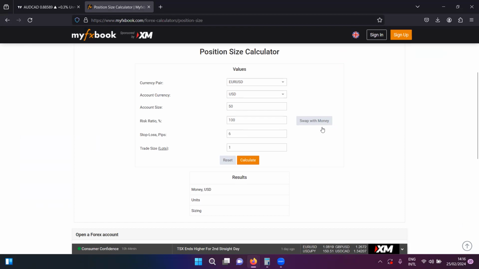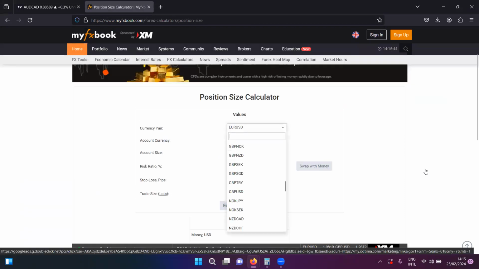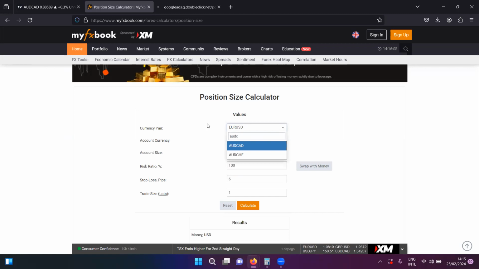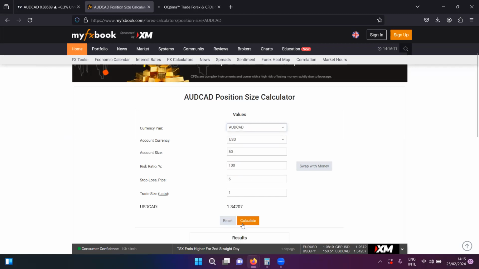Once you have AUD/CAD right there, you calculate.